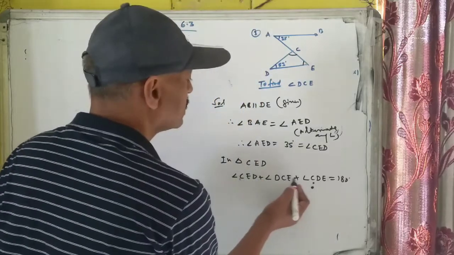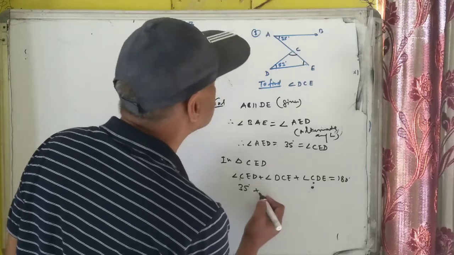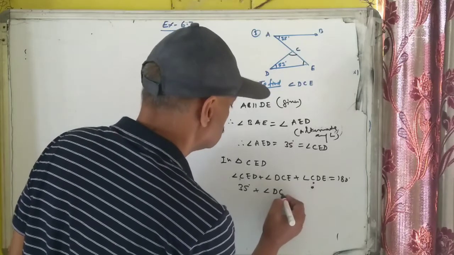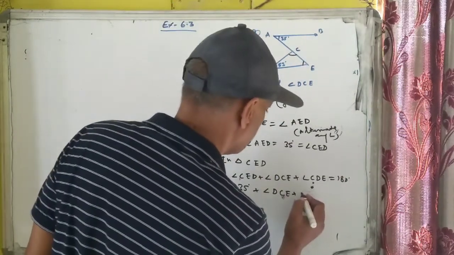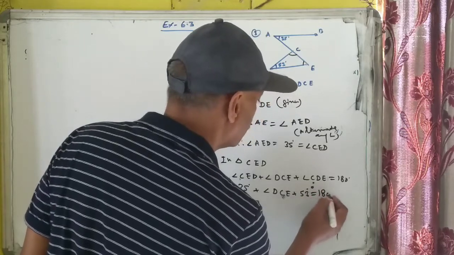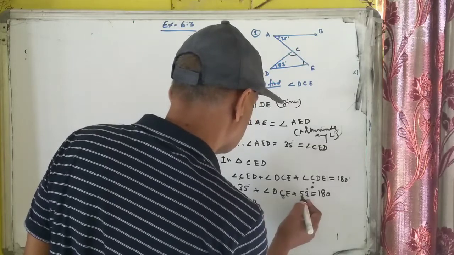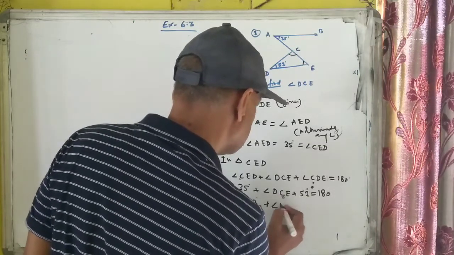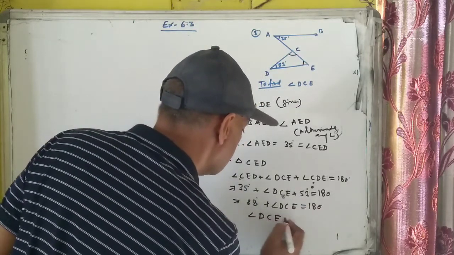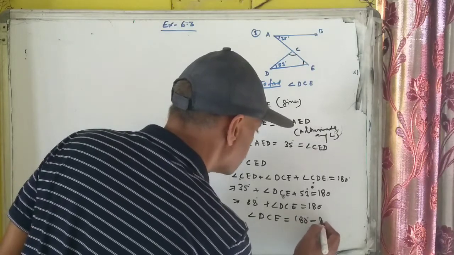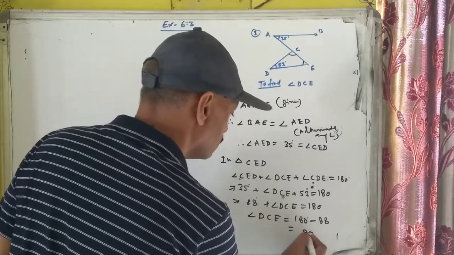Okay, this is E, this is C, this is D. CED is 35 degree. DCE is not known, and CDE is 53. Now calculate this. 35 and 53 is 88. So angle DCE equal to 180 minus 88. This is 92.